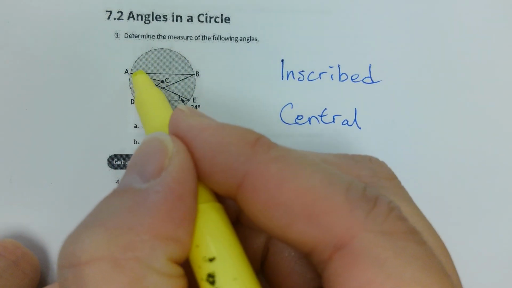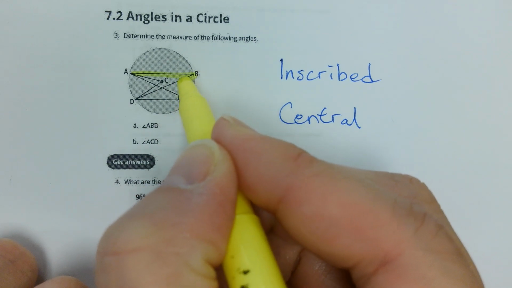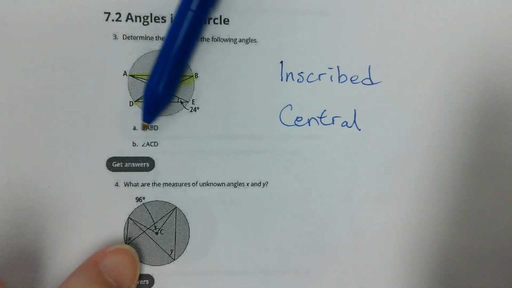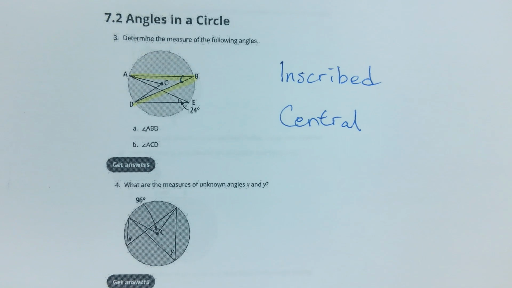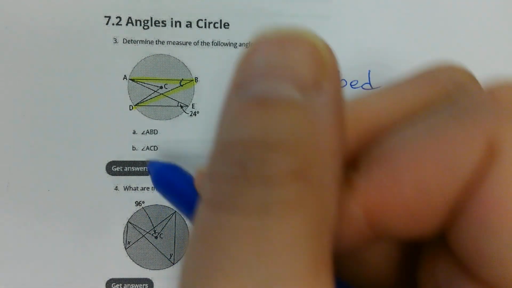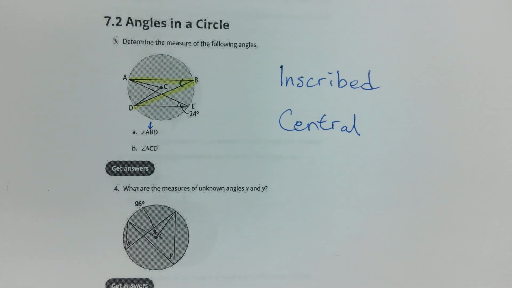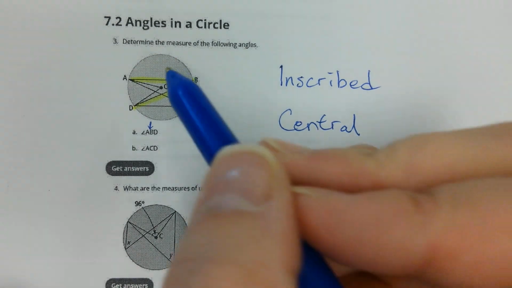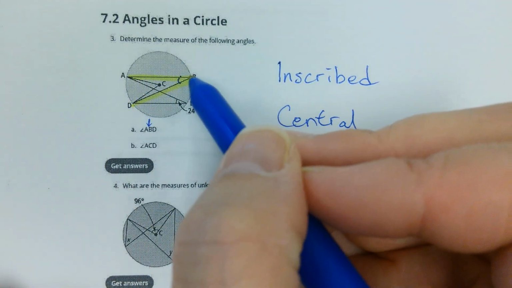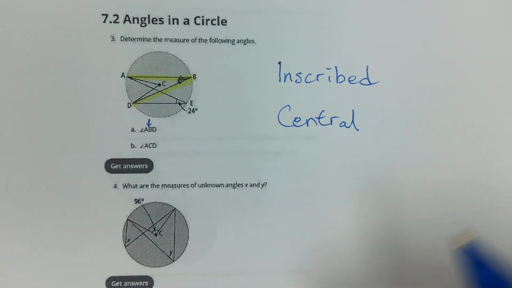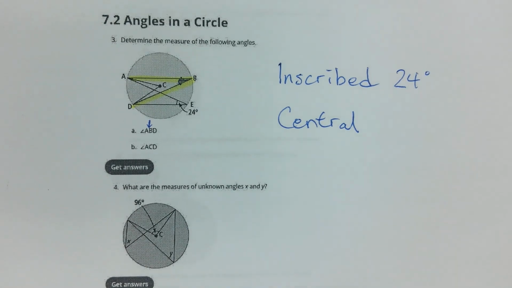ABD means A, B, D, like that. Where is the angle that my highlighted line formed? Right here, and it's always the middle letter. I could have just said angle B, but sometimes when you have a lot of lines, you need to know which angle B it is. So ABD means this angle right here. This angle is also an inscribed angle, so it's 24 degrees.